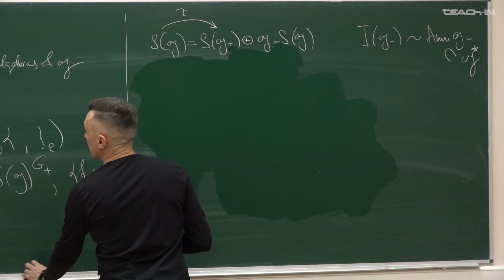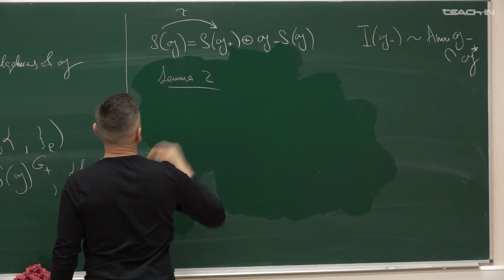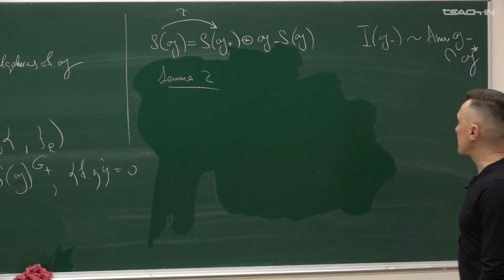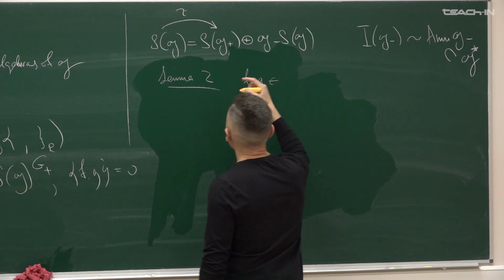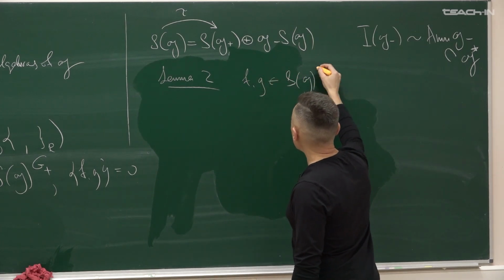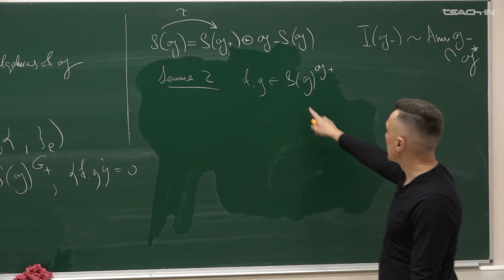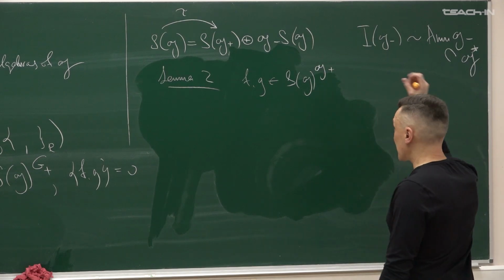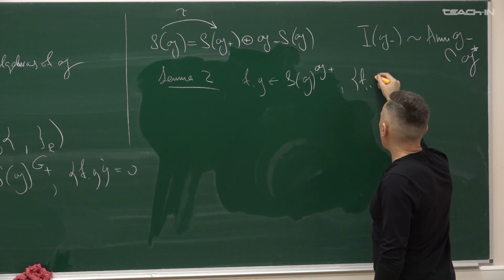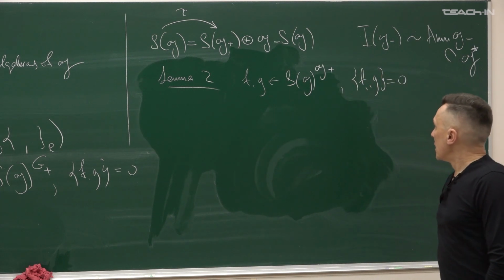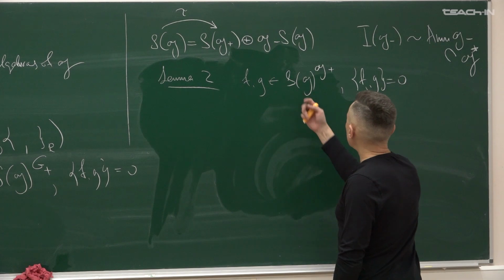There is the Adler-Kostant-Symes lemma, lemma 2. Let f and g be two invariant functions in S(g), like in the first lemma, and they Poisson commute with respect to the initial Poisson structure on the space.